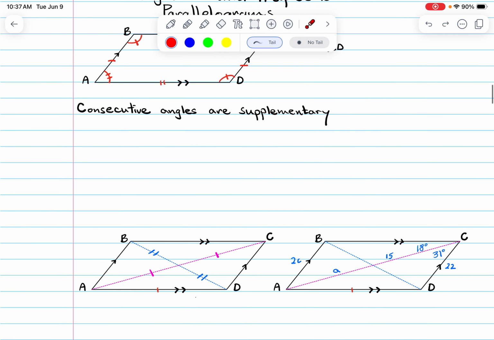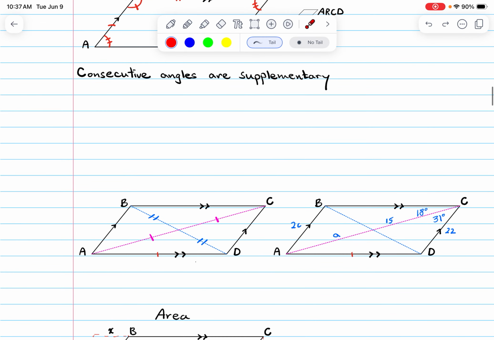Now, notice I've got a parallelogram here. And note that I've drawn diagonals. And this brings to light another property that parallelograms have. If you draw the diagonals like this, from one vertex to another, each diagonal bisects the other diagonal.